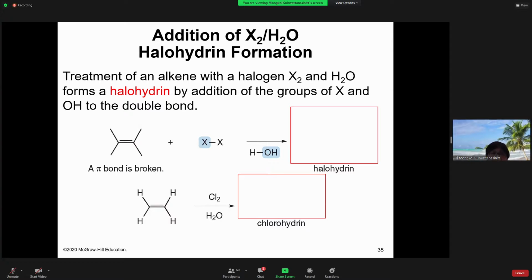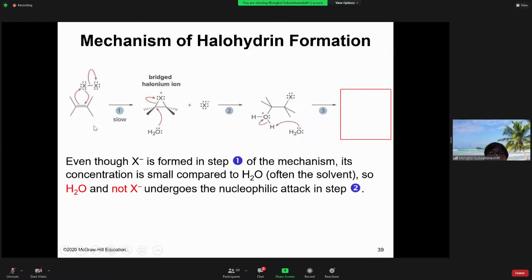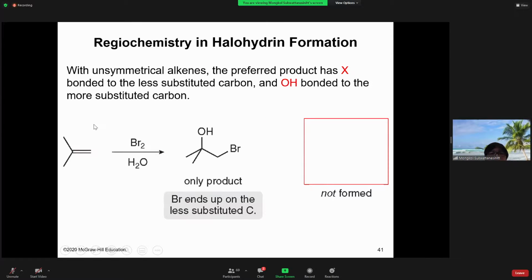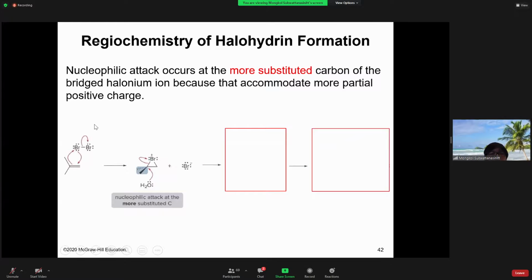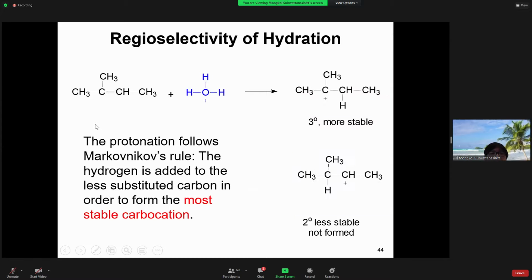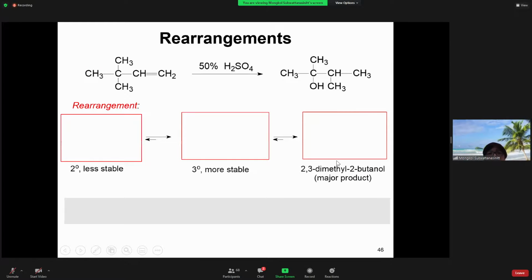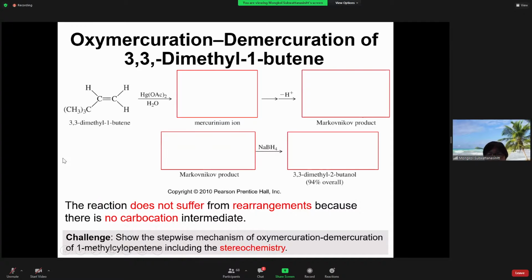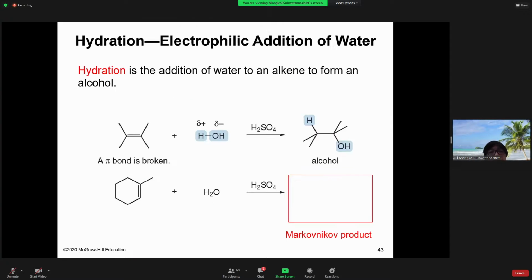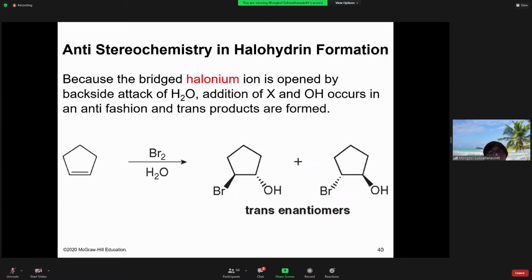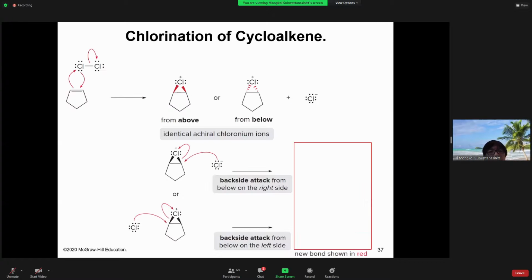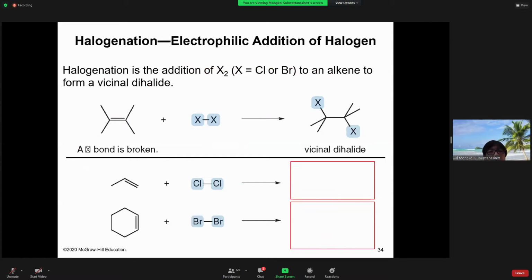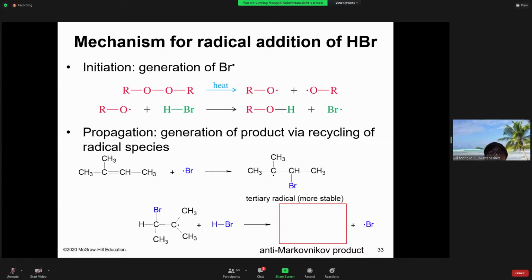Okay, let's go back here. Okay, here. Let's look at this compound.